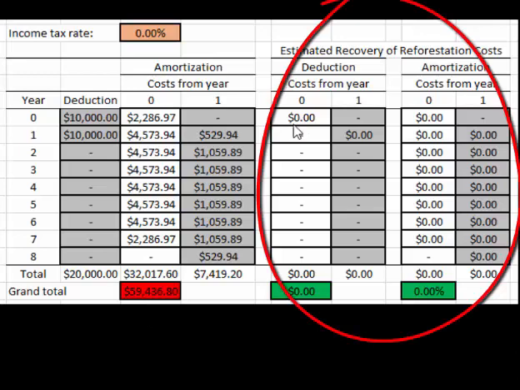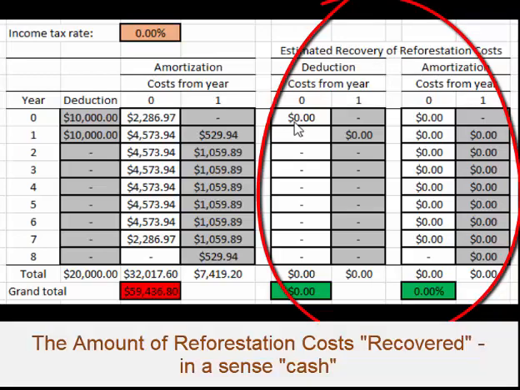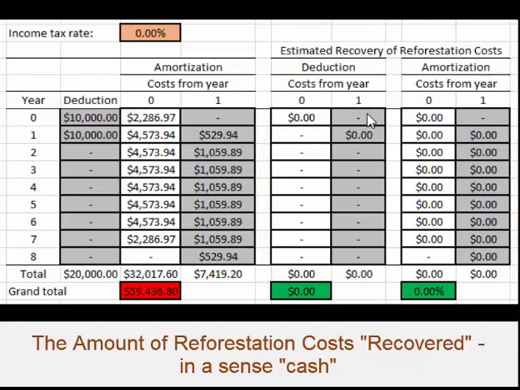The amount that you will actually, in a sense, recover based on the amount of reforestation cost incurred in year 0, and the amount of reforestation cost that you will actually recover based on the amount of cost incurred in tax year 1.